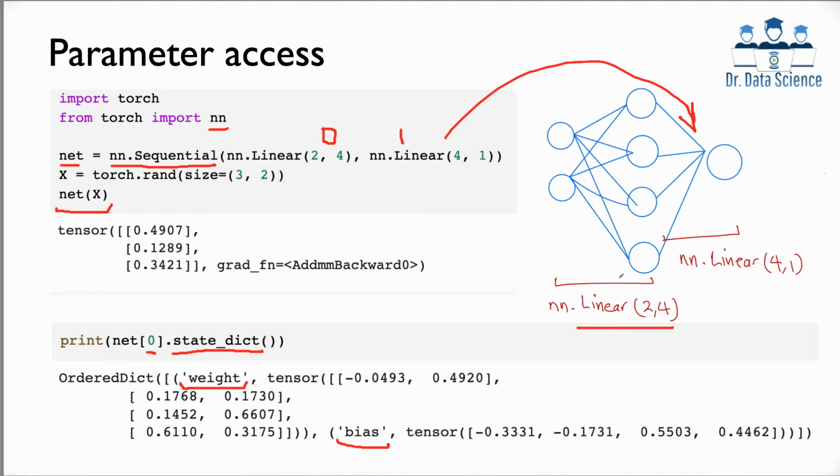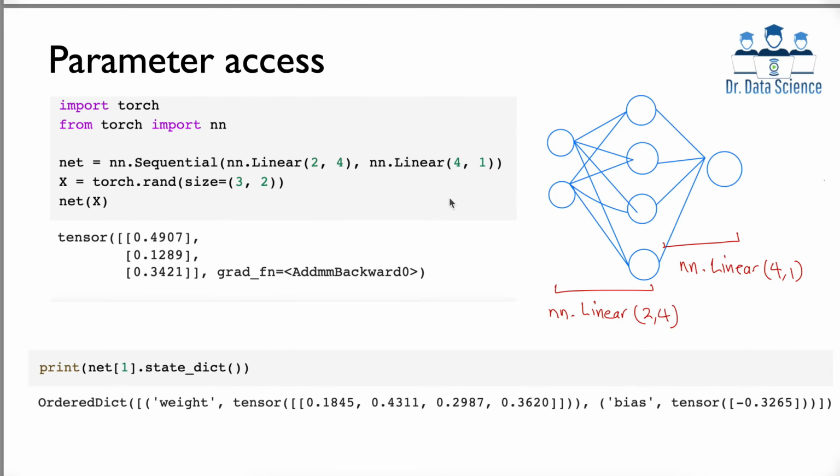And also, because each of these neurons that we have in this hidden layer needs a bias term, we can see that we have 4 biases, right? So we have weight and bias. And I really like this state_dict because it gives you an OrderedDict which contains information about both weight and bias.